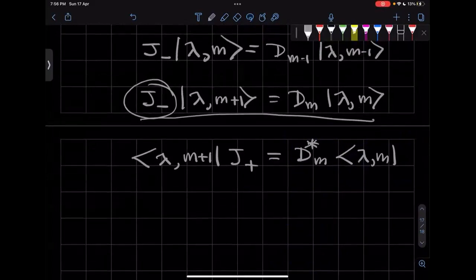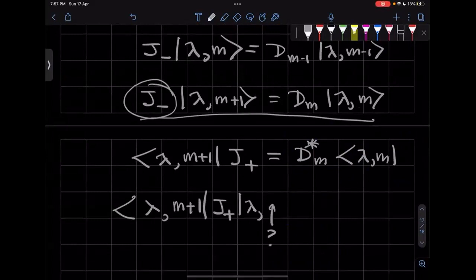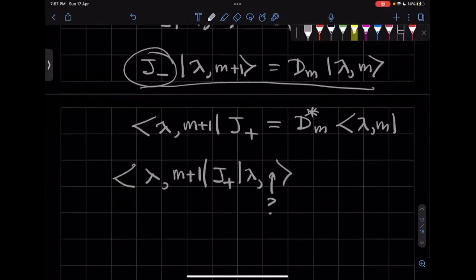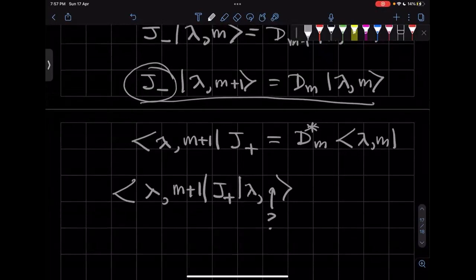Now I want to have this equation acting on some ket, some vector. So what should I put here so that this is non-zero? m, right? Very good.